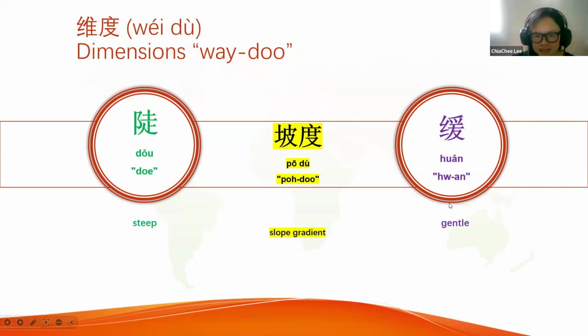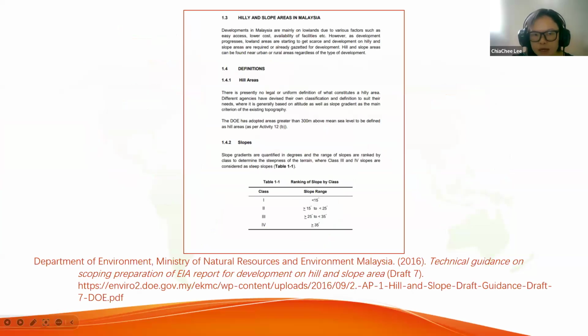And then 缓 is gentle, meaning quite flat. 缓 is also third tone. 多缓, how gentle it is. So for the 坡度, we'll look into 多陡 and also 多缓.